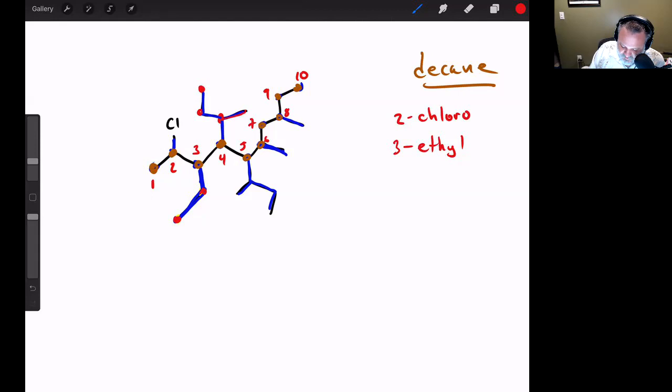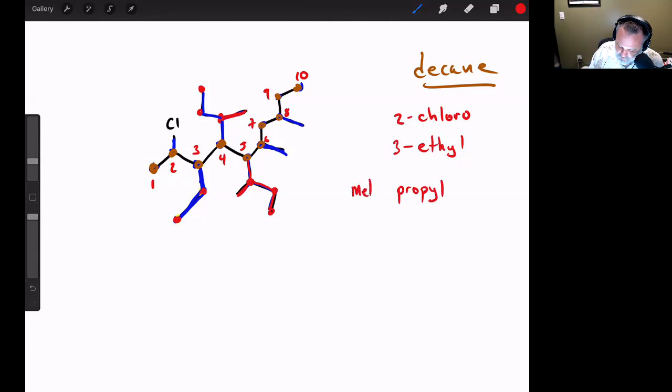It looks like the same thing is happening at the 5th position. I've got 1, 2, 3 carbons, and it's got a methyl group at the 1st position. So what is that? That is a propyl group because it's 3 carbons long.